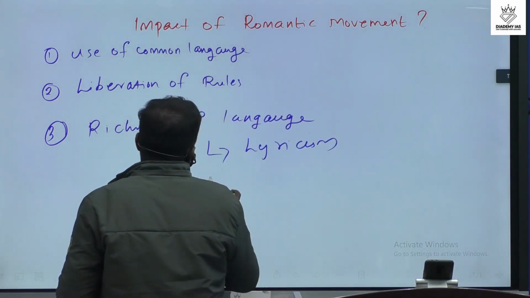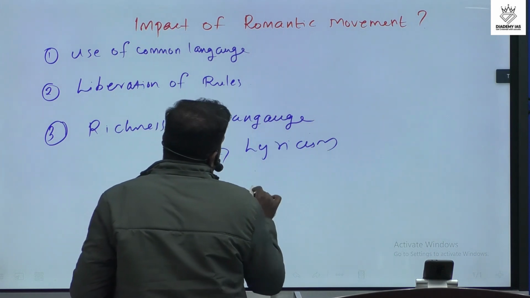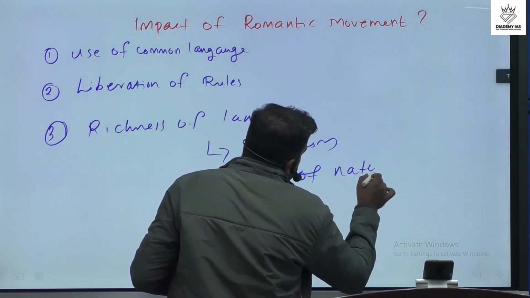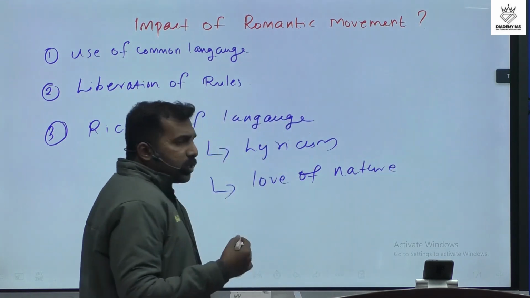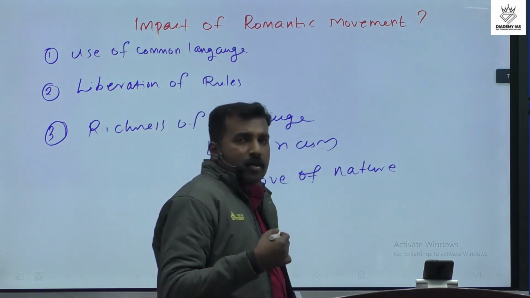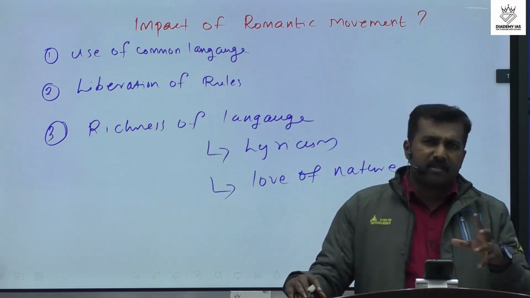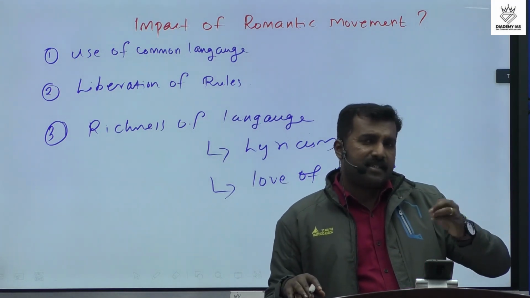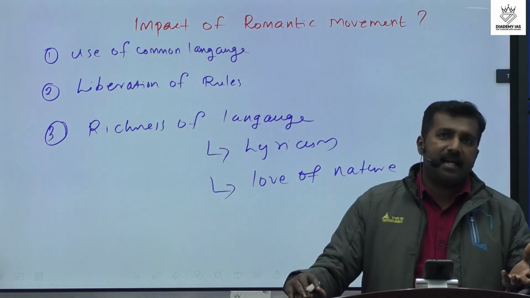And the next one is richness of language means love of nature, because the writers during this time wrote their literary work or poems in a very simple way, and it's generally connected with the common things in nature.